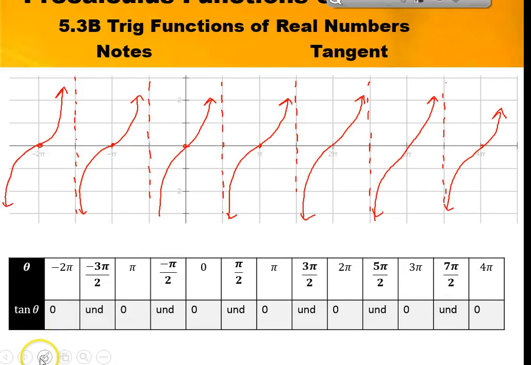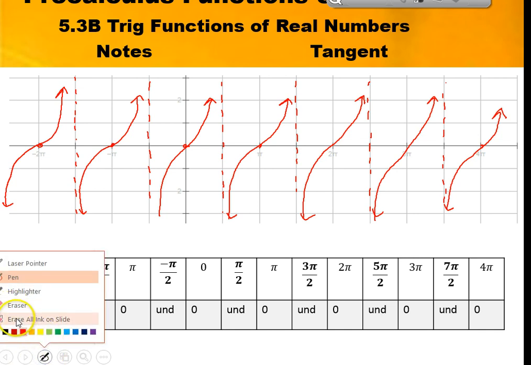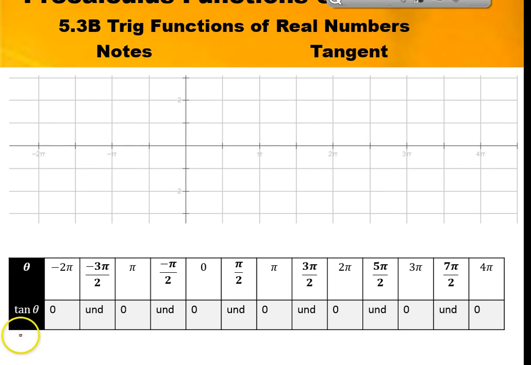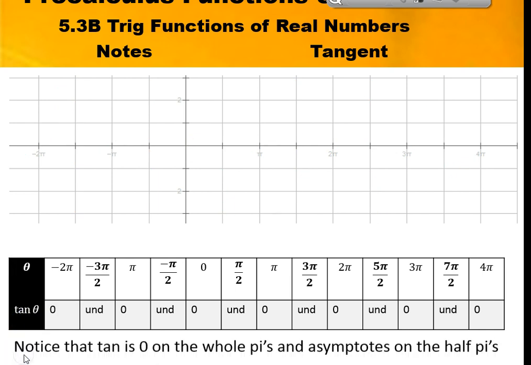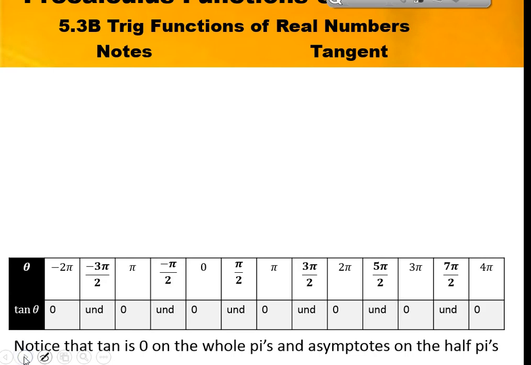Oh, I want to clear the ink. Okay. So it's 0 on the whole pi's and the asymptotes at the half pi's, which I already said. And then keep going.